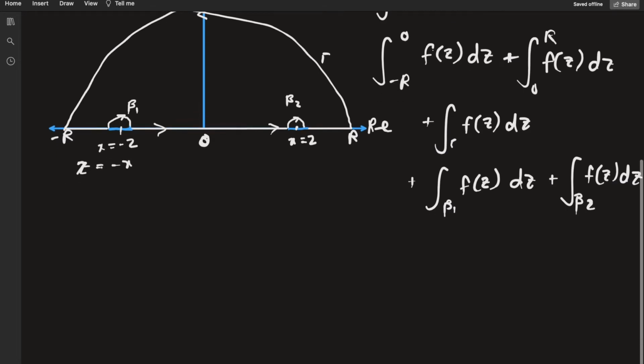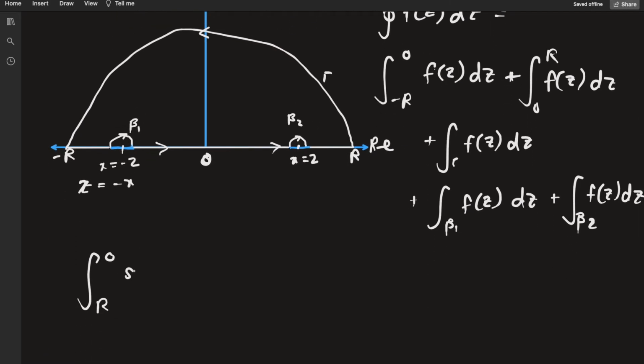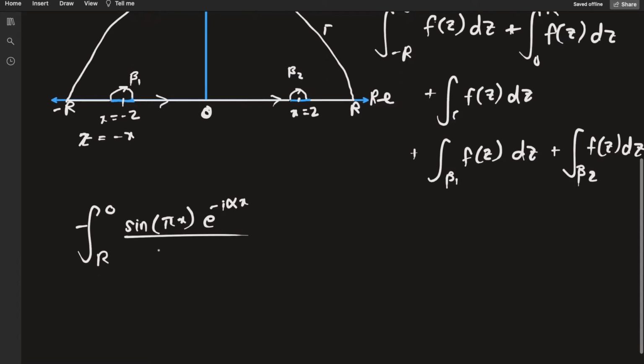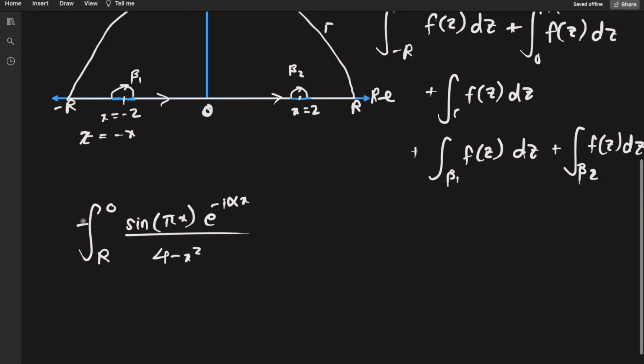So when we do that, we simply end up with the integral from r to 0 of sine of pi and -x, which will give you a negative, e to the negative I alpha x over 4 minus x squared, and we have a negative because of the dz, which will make this a plus.